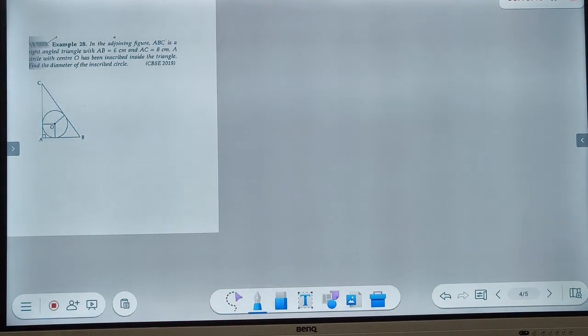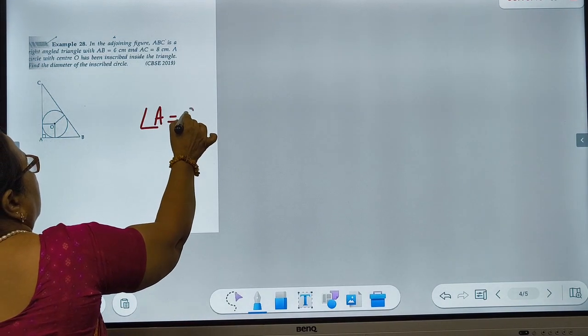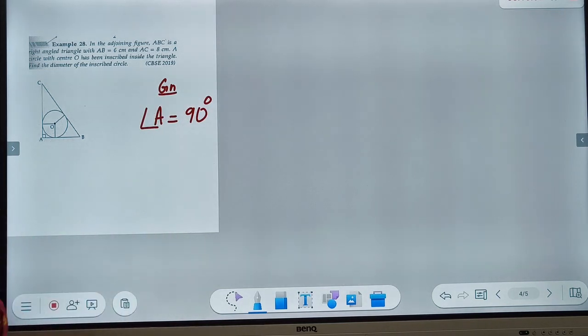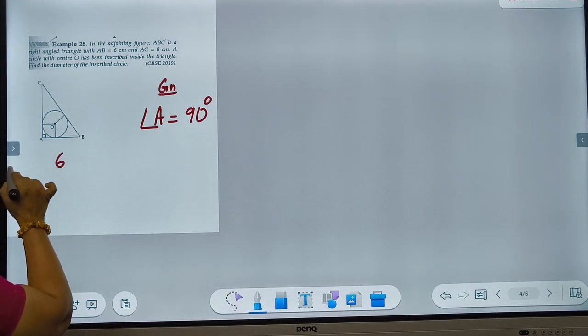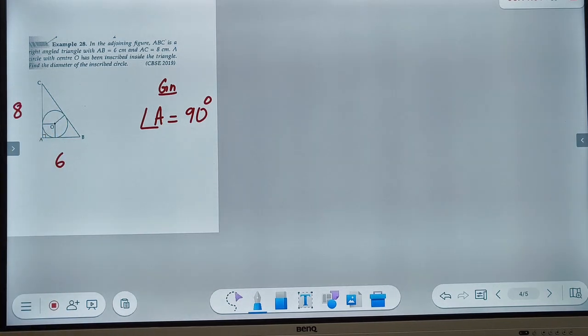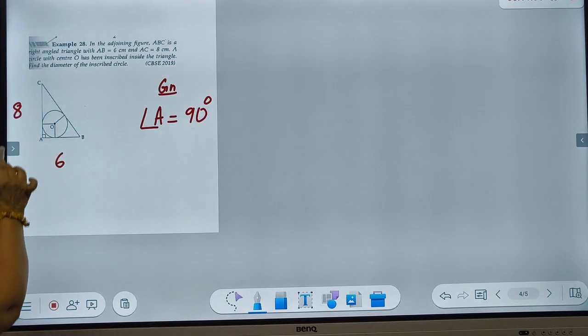Now in this figure, ABC is a right-angled triangle. That means angle A is 90 degrees. Okay. And you're also given AB is 6, AC is 8. A circle with center O has been inscribed inside the triangle.